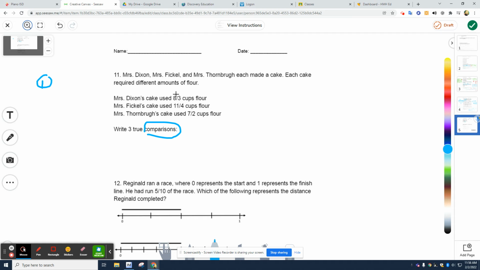I know that 8/3, like 3 goes into 8 2 times, so I need at least 2 wholes. And then I have extra. So I'm going to break these into thirds.